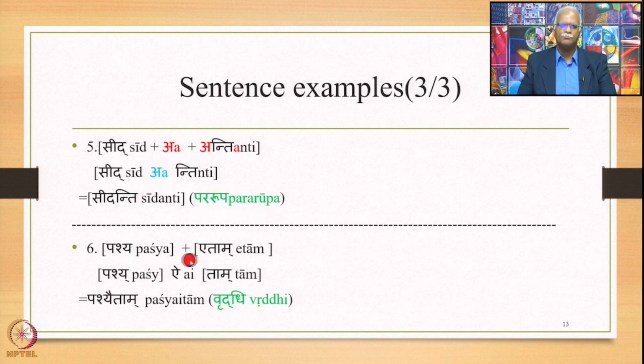Similarly, pashyaitam pandavanam acharya mahatim chamum. So we have pashya plus etam, and this a is followed by e. This is the scope of application of vriddhi sandhi, and so we have pashya plus ai plus tam as the output, that is pashyaitam. This is the example of vriddhi sandhi.